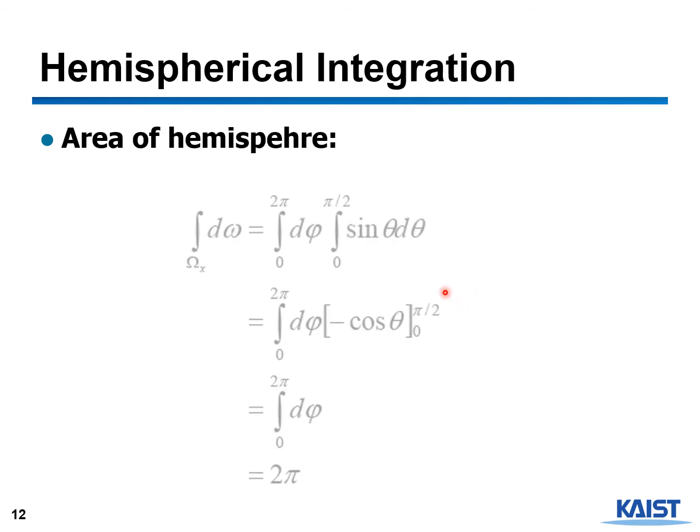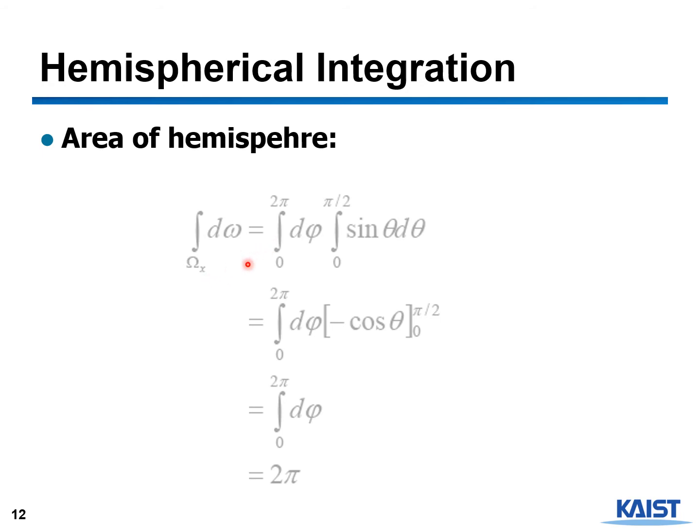We can compute the area of the hemisphere using this hemispherical integration method. We just integrate the solid angle over all the hemispherical space.